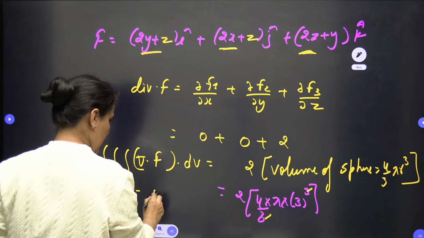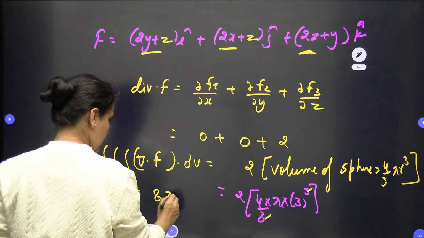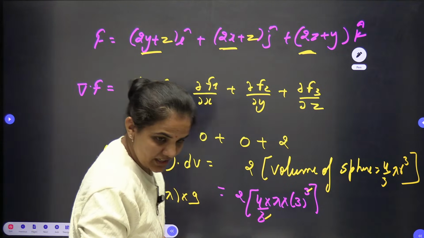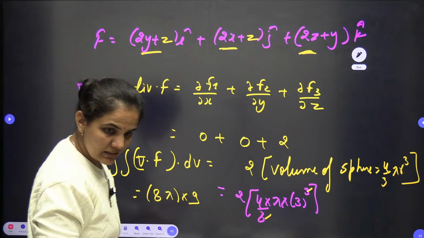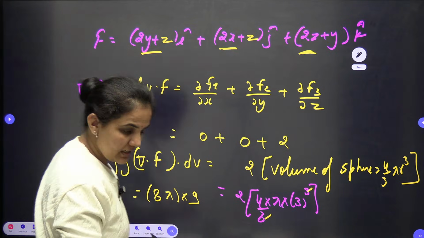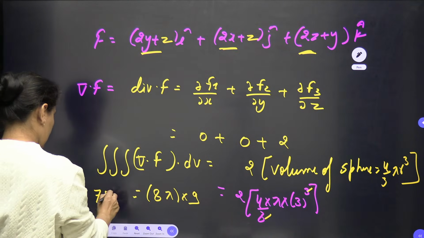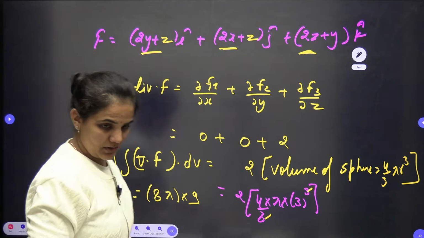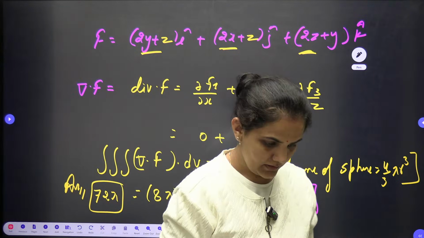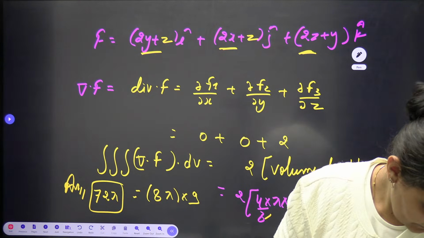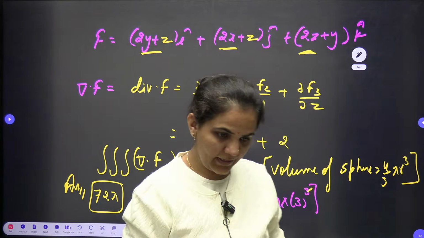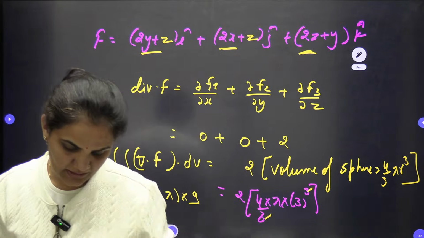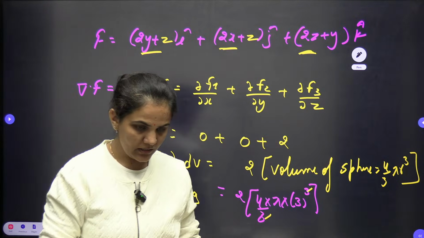So this is 8 pi into 9. It is 72 pi, the answer. 72 pi is the answer, beta. You can confirm whether it is available in the options or not. Isn't it? 72 pi. And everyone who was in the exam, you can confirm, is it correct or not?